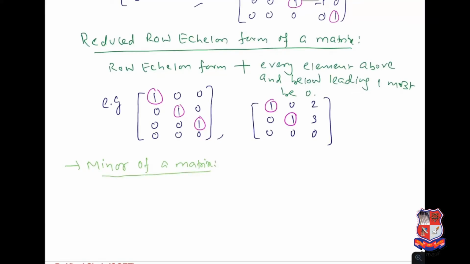So what is the minor of a matrix? The determinant of a square submatrix of a given matrix is called its minor.